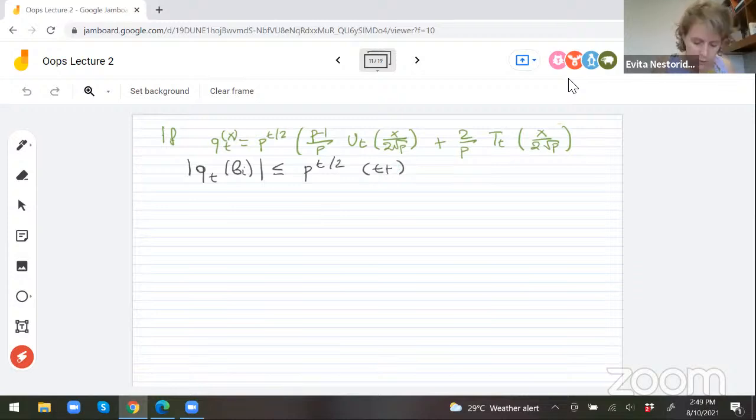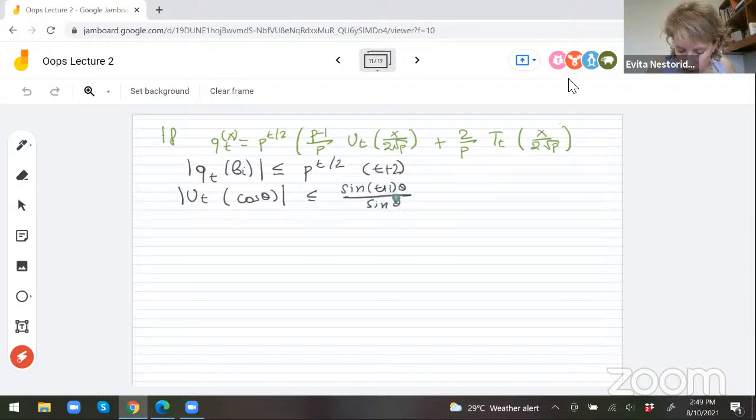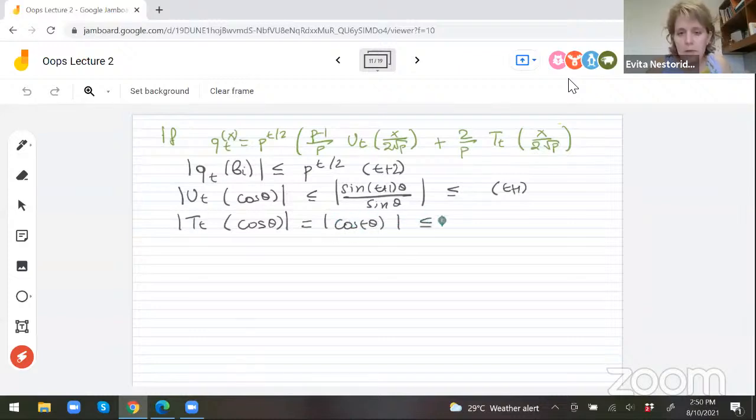Actually, this +1 might be a +2, meaning that when we want to bound the Chebyshev polynomials of the second kind, remember we just had this thing. Everything is real here. This is just less or equal than t+1. And when we do the same thing for the Chebyshev polynomial of the first kind, this is just cosine tθ. This is less than 1. This is the simplest bound that we can consider for these terms.